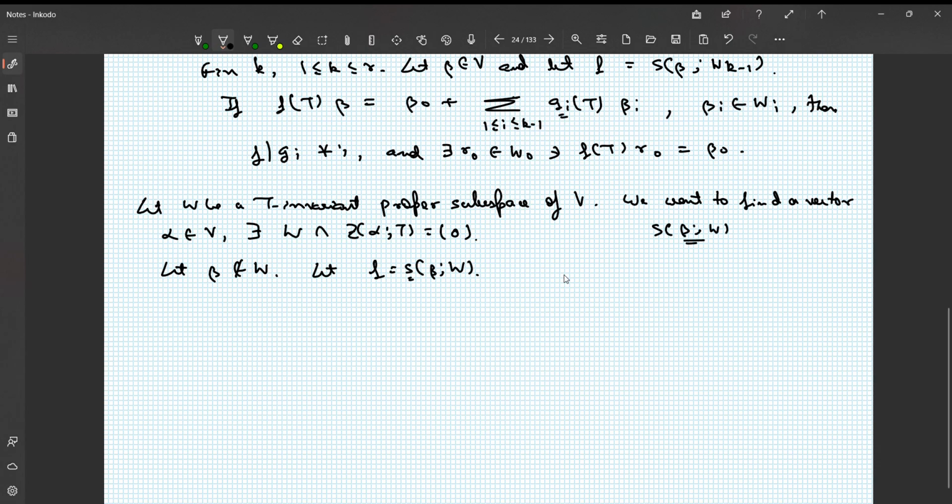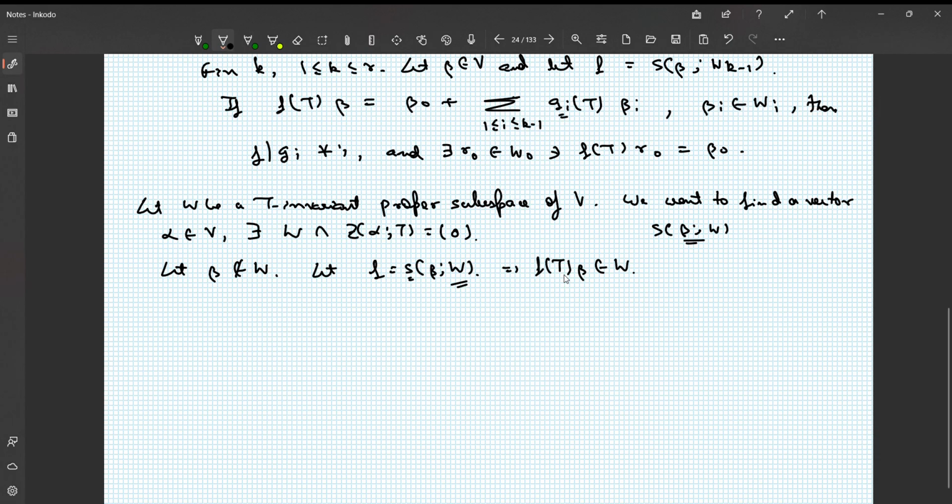The capital S beta W represents the whole ideal, which we call the T conductor, and this is the unique monic generator of the ideal. So F is the generator of the T conductor of beta into W. So obviously that means Ft of beta is in W.